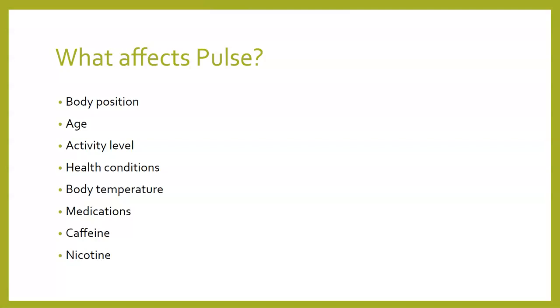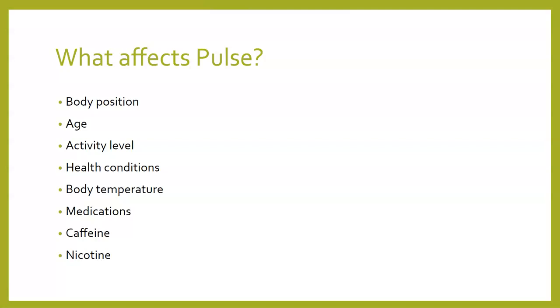If somebody is extremely active, like an athlete who exercises or runs every day, a lot of times their heart rate will be lower, like maybe in the 40s or 50s, and that's normal for them. Heart conditions can affect this, whether it's something electrical, like maybe atrial fibrillation or some other arrhythmia, it will affect the pulse.